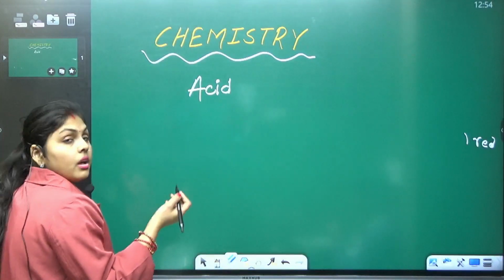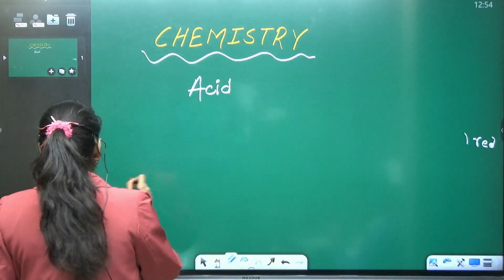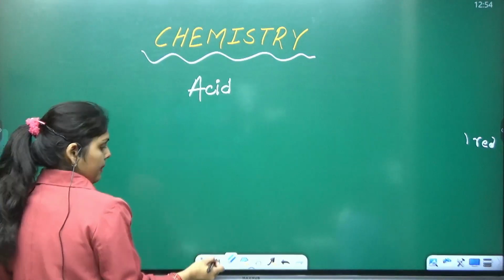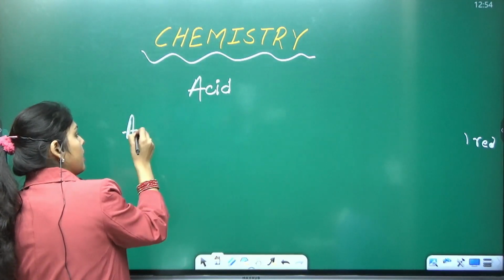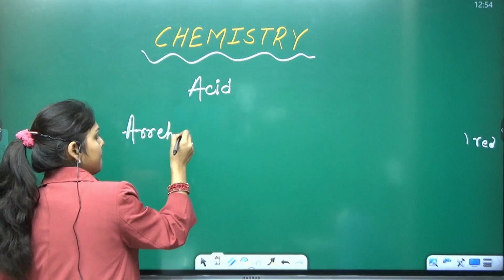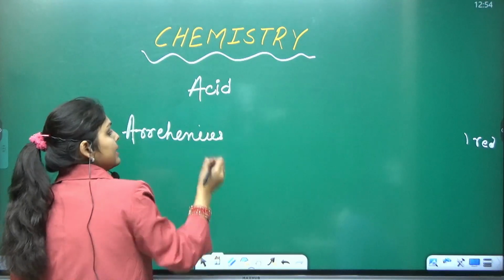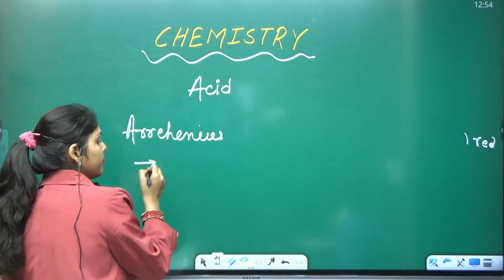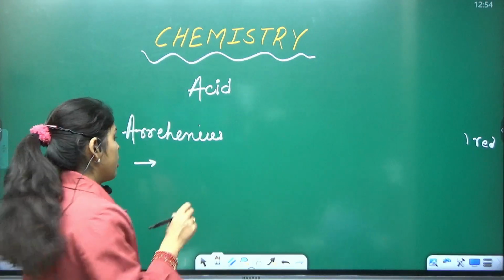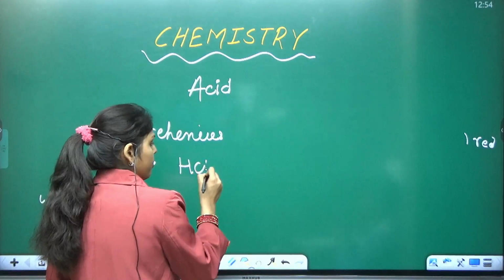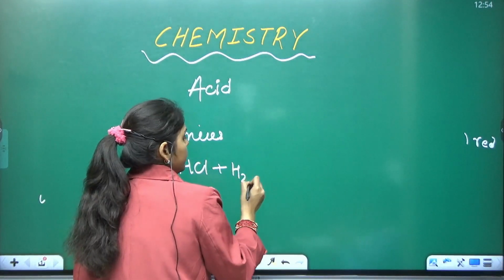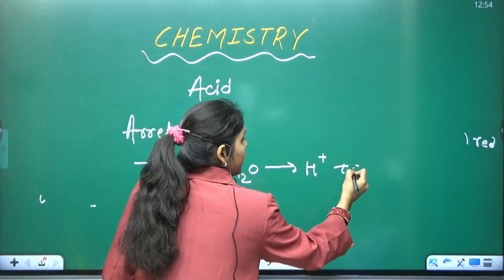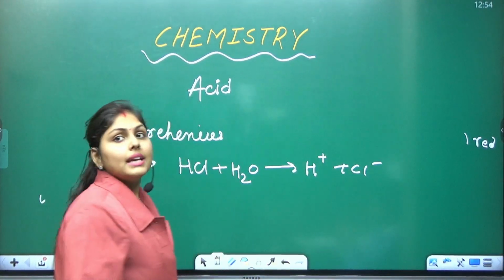So a scientist came with a concept, Arrhenius. According to him, any substance which, when added to water, gives H plus ion in its aqueous solution, must be an acid.